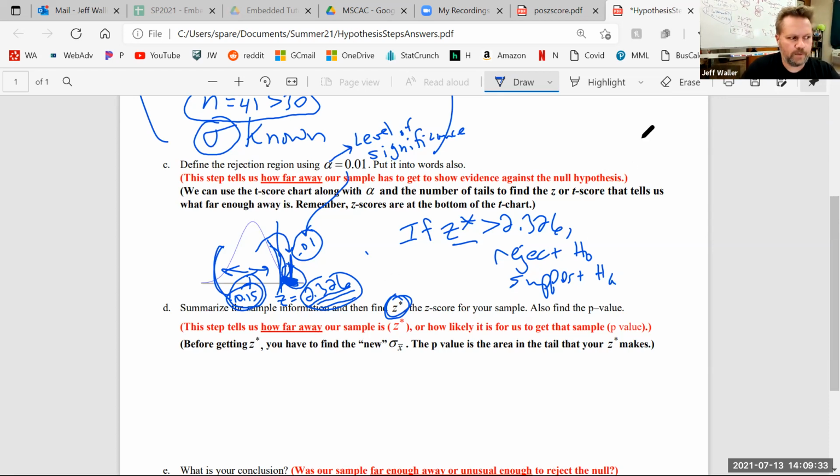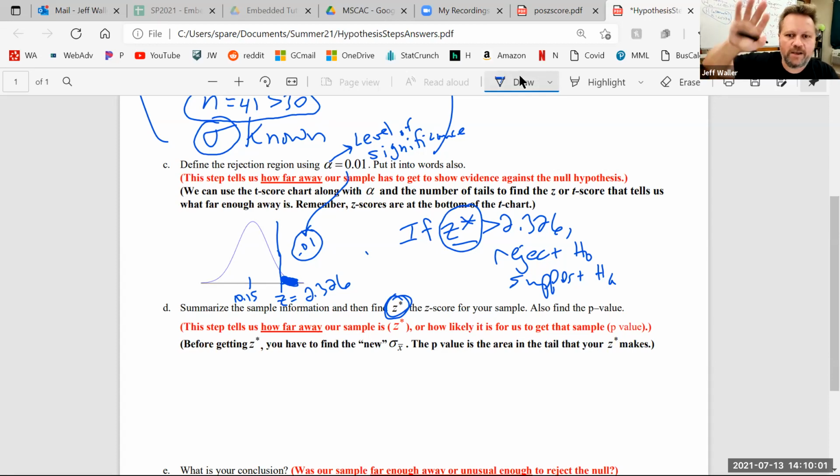All right. Okay, so I have written so much on this thing. It's insane. Let me take some of this away. So what I got to do, we have now set up the benchmark for showing evidence that the null is wrong. Remember, the little star just means it comes from a sample, sort of like p hat, x bar, z star, they all come from samples.